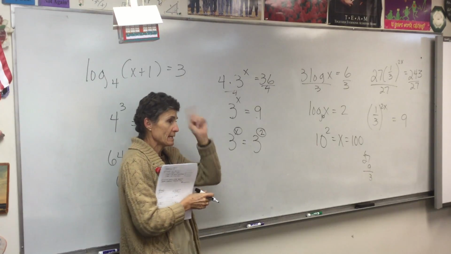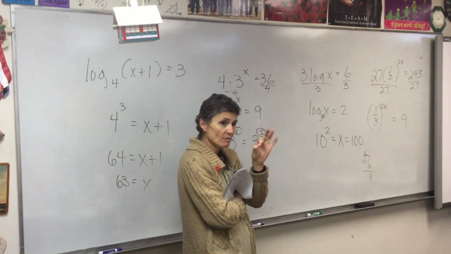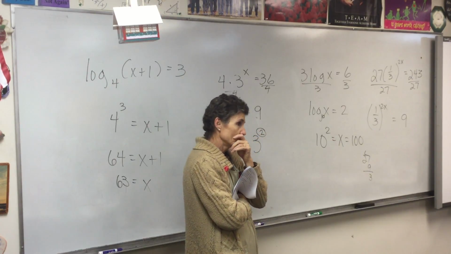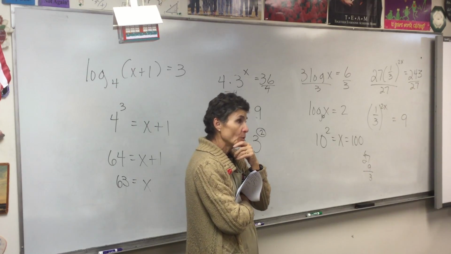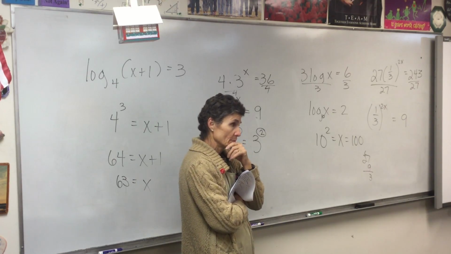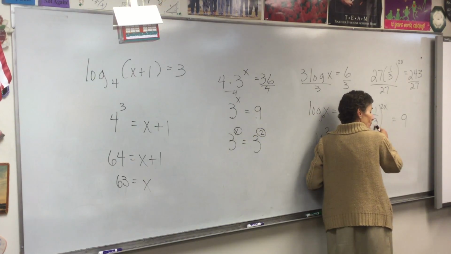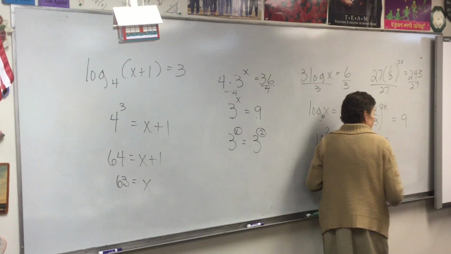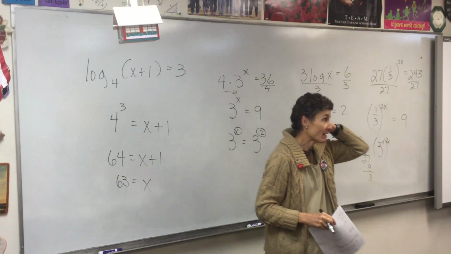Now this is tricky. In order to do this, we have to have a 1/3 and a 9 be the same number. So could we make them both 3s? Yes. But if we make this a 3, because it's 1/3, it would have to be 3 to the negative first. 1/3 means negative exponent.